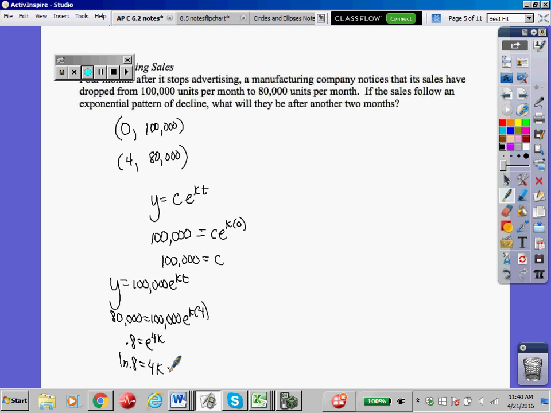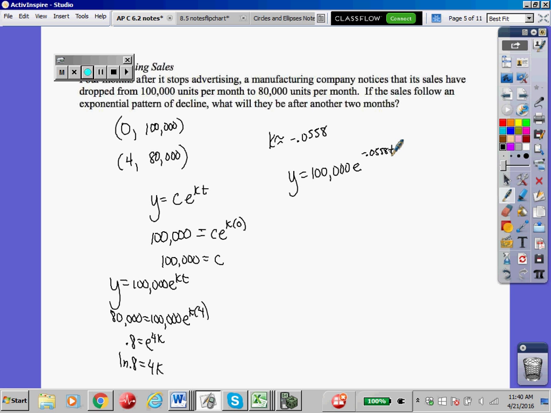Okay, so what are you guys getting for k? -0.055785. Yes, good job. So k is about -0.0558. I'm getting y equals 100,000 e to the -0.0558 t.